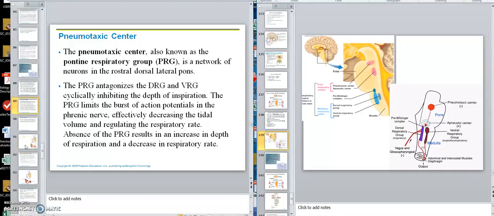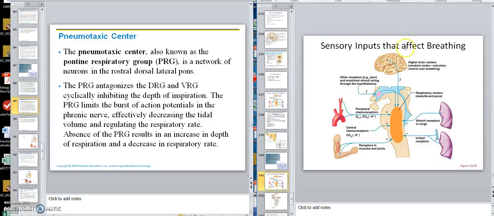Now, let's go a little further. That's the motor side, ladies and gentlemen. Now, how do you know when to do this stuff? When to increase breathing and decrease breathing and all that? See, that's where these sensory inputs come in. But the one we said was the physiologic one was the chemoreceptors.